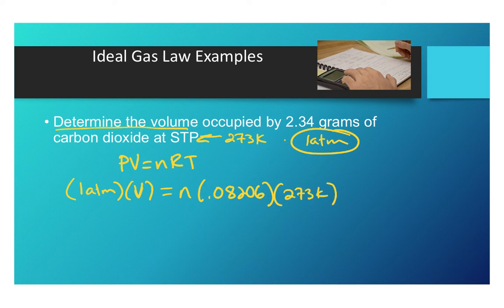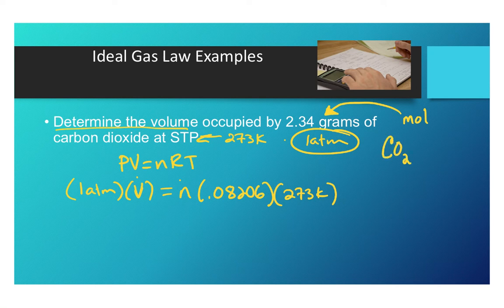Now we've got a problem here because both volume and n, the number of moles, are not known, and we need to have a number for one of the two of them. So is there any other information we have? Yes, there is. 2.34 grams of carbon dioxide, right? And we know from work we've been doing all year long that if I have grams of something, I can change that into moles by using the molar mass. So let's figure out the molar mass of carbon dioxide.